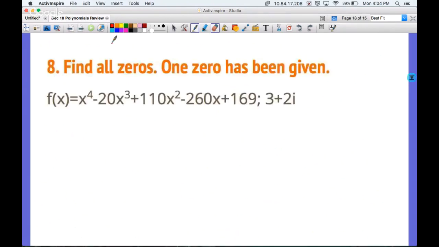All right, find all zeros. 1 zero has been given. So if you are given a zero that is irrational, technically 2 zeros have been given because 3 minus 2i must also be a zero by the conjugate root theorem.